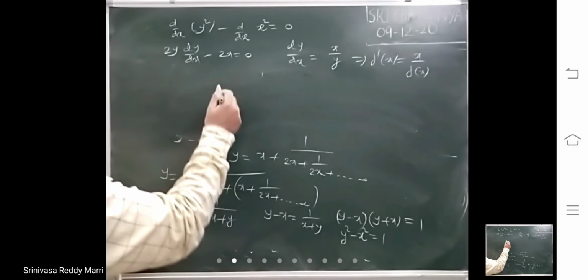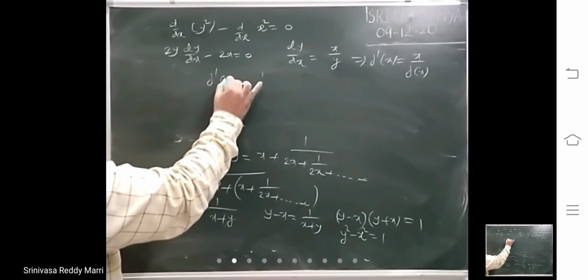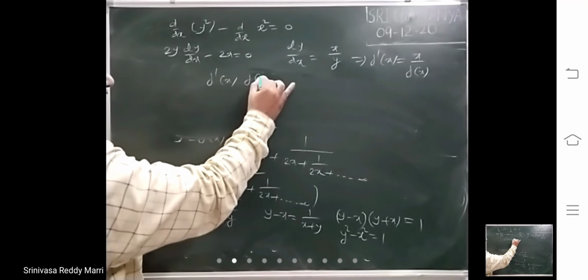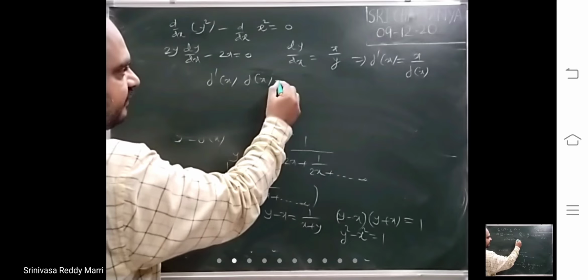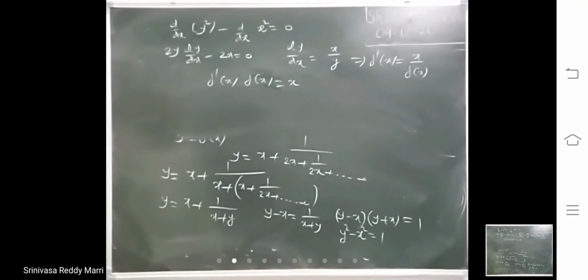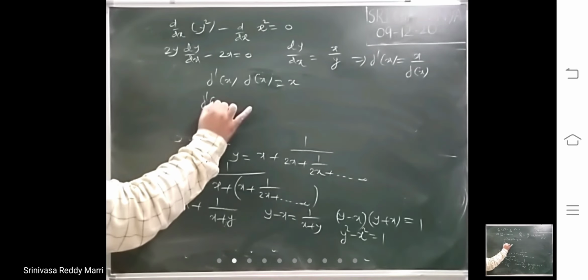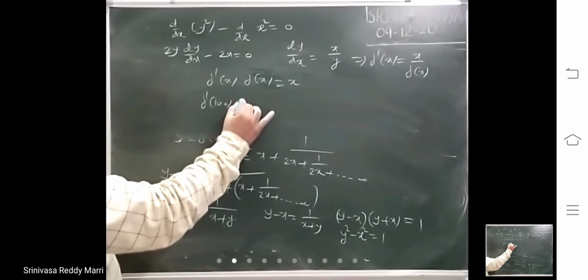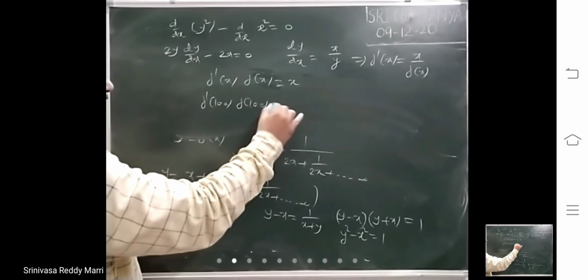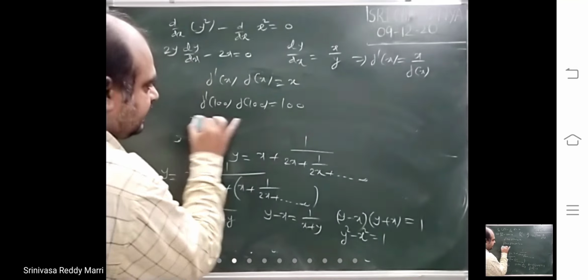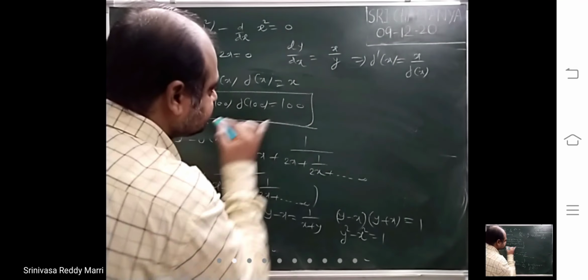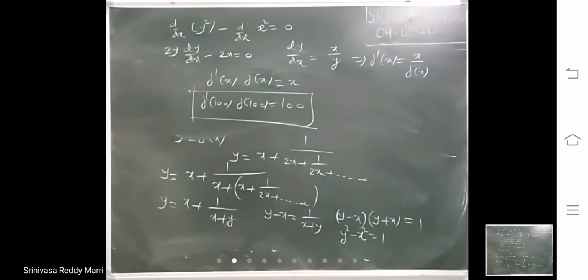Bring this side: f dash x into f of x is nothing but x. That means f dash substituted at 100 is nothing but, the answer is 100. Like that, the repetition series.